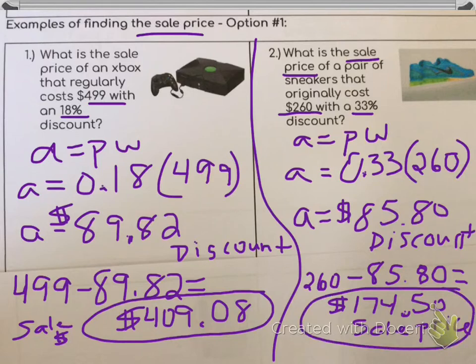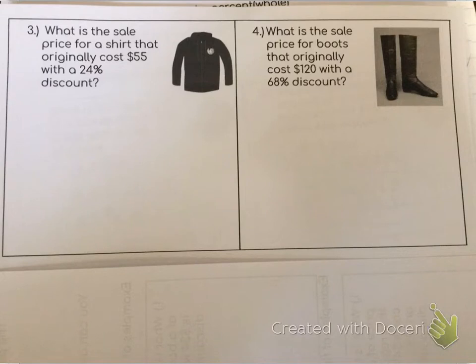So you just got to be aware of what everything is and what you're getting. Number 3, same type of question. What is the sale price for a shirt that originally cost $55 with a 24% discount? Same thing. Part equals percent as a decimal times the whole, using that same equation.